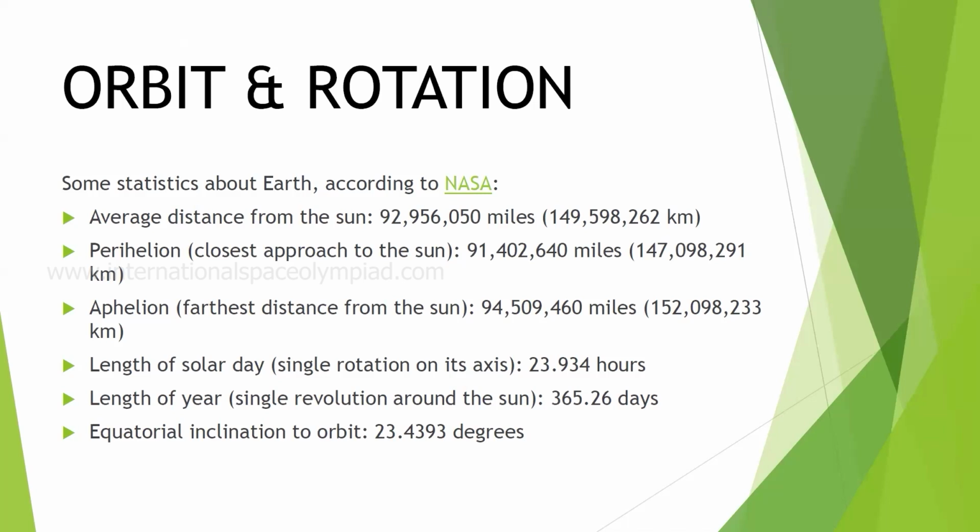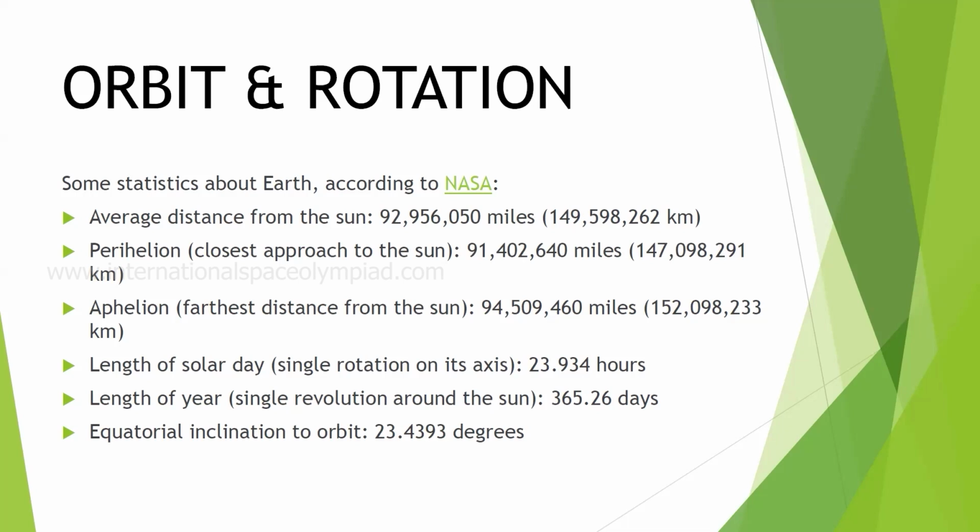Now the perihelion, which is the closest approach to the Sun, is 1.47 into 10 raised to 8 kilometers, while the aphelion is 1.52 into 10 raised to 8 kilometers. Perihelion is the closest approach of a planet to the Sun in its elliptical orbit, and aphelion is the farthest point from the Sun in an elliptical orbit.